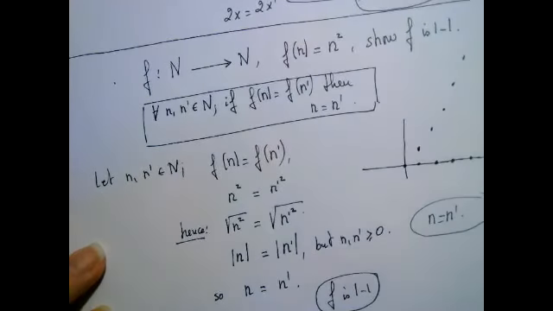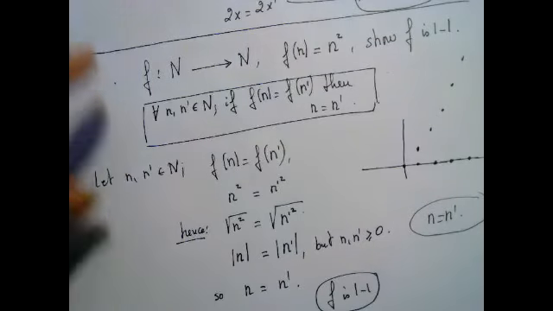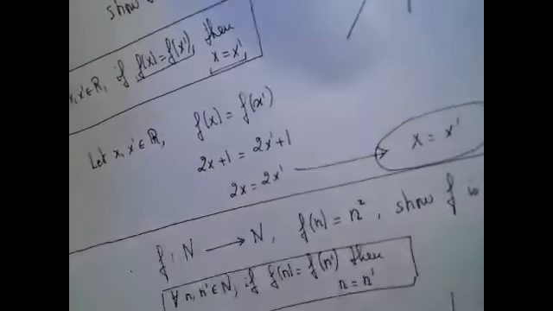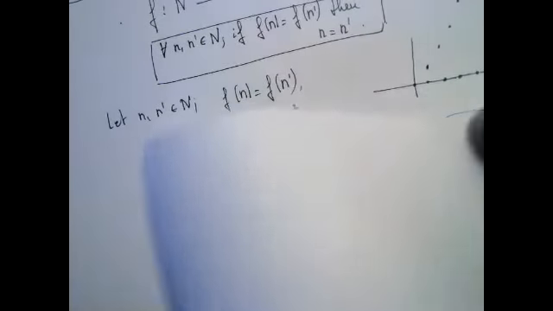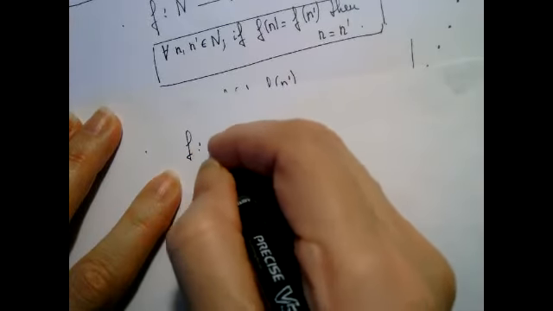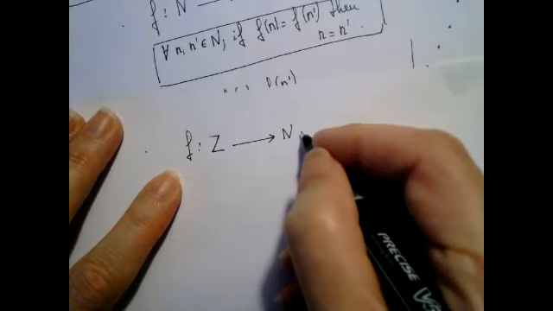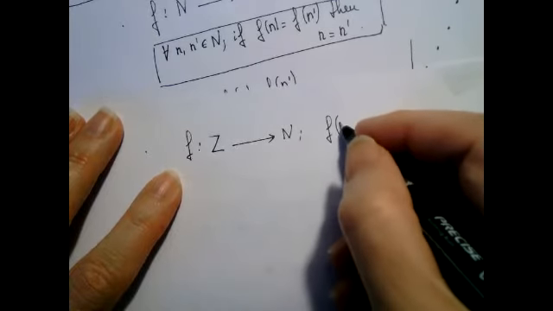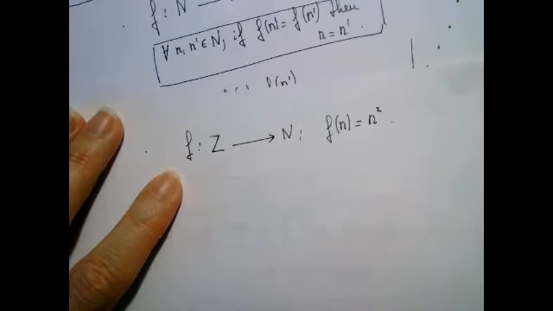Now, suppose I take the same function and I tweak it a little bit. Example number 3. Suppose f is a function from Z to N given by f of n equals n squared.